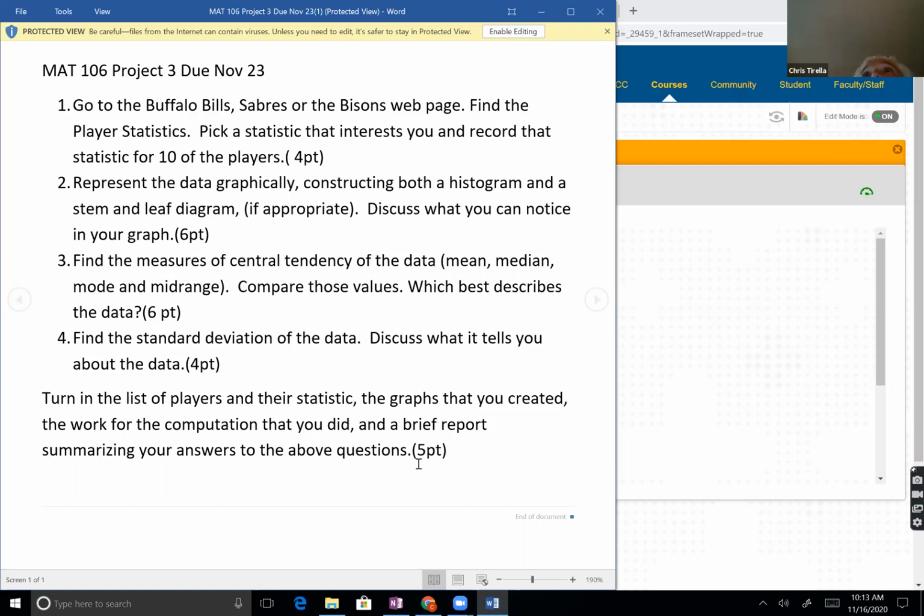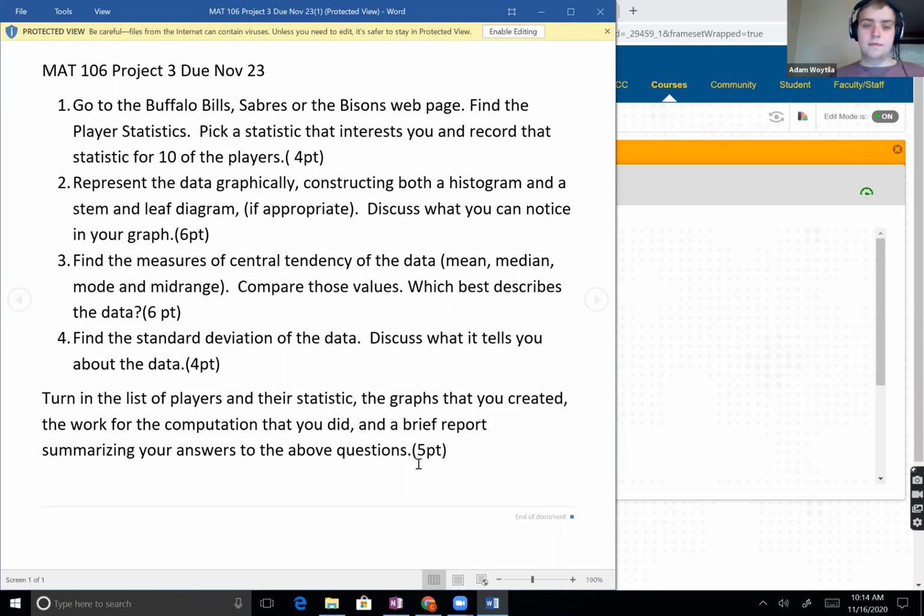Different descriptors work better for different things. So you're going to look at it and say which you think is the best description of the middle of the data set that you're working with. It's your call. You just have to do a real good job explaining to me why you reached your decision. Okay?